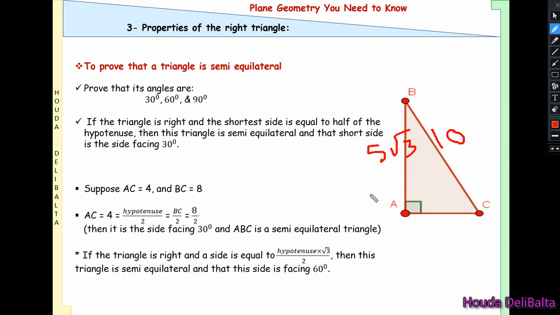Then you notice that BA is equal to half of BC times radical 3, so this triangle is a semi-equilateral triangle, and that side AB is facing the angle which is 60. But this is rarely used. We mostly use this idea, which is the converse of the property that the side facing 30 is equal to half of the hypotenuse.